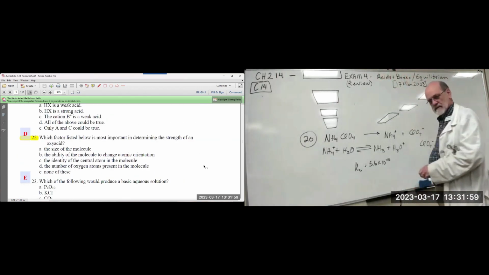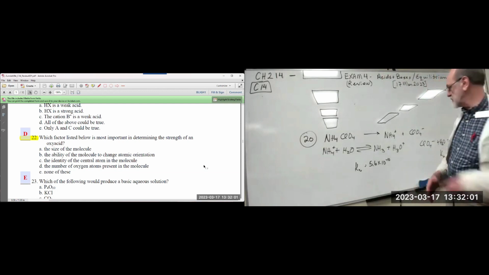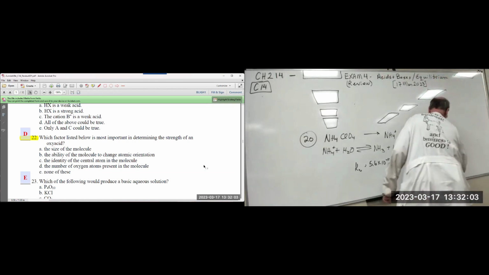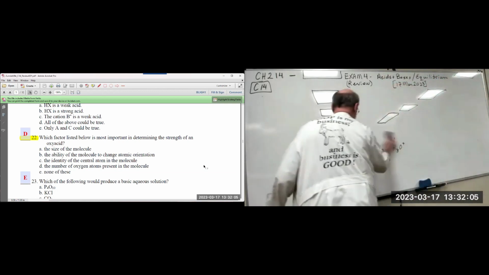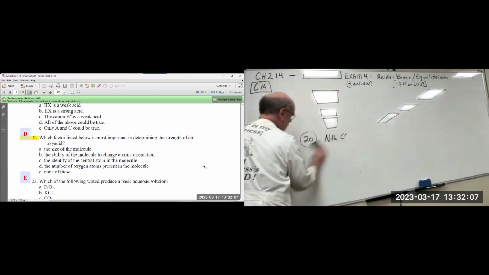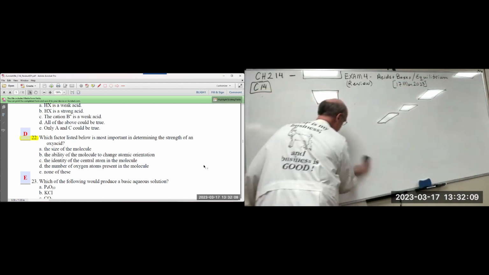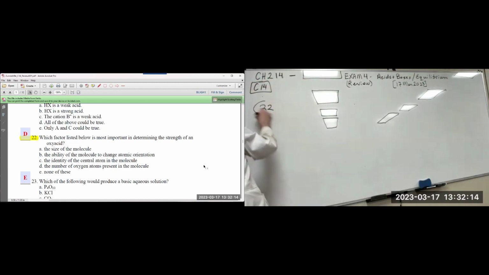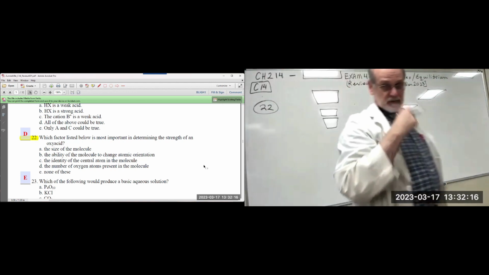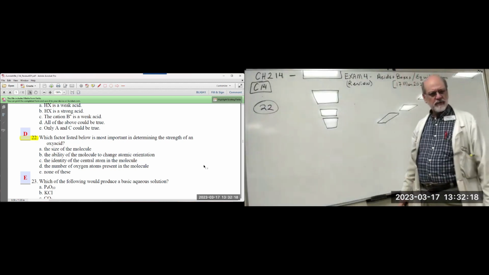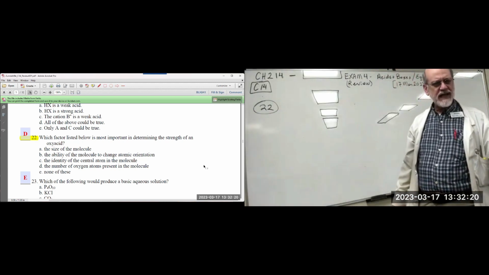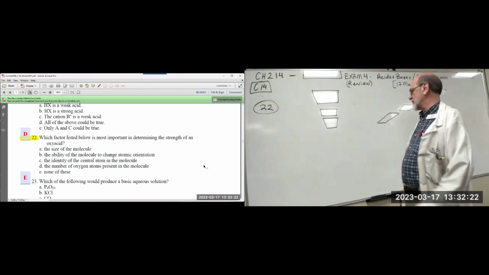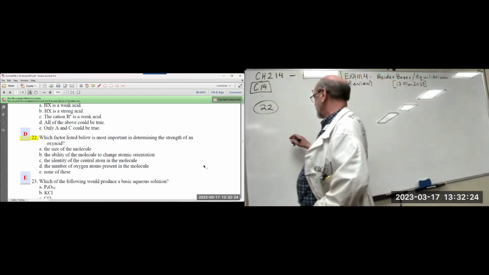22. Which factor listed below is most important in determining the strength of an oxyacid? An oxyacid. What's an oxyacid?